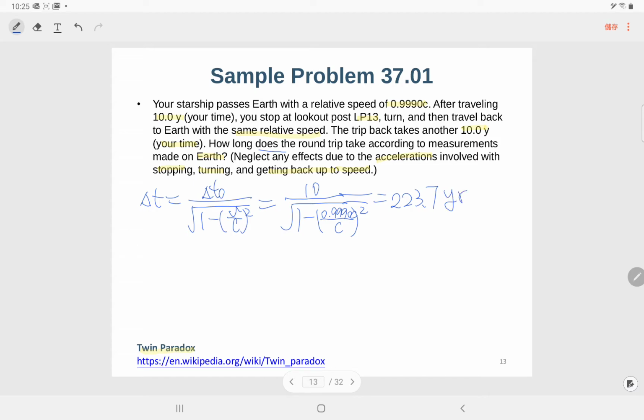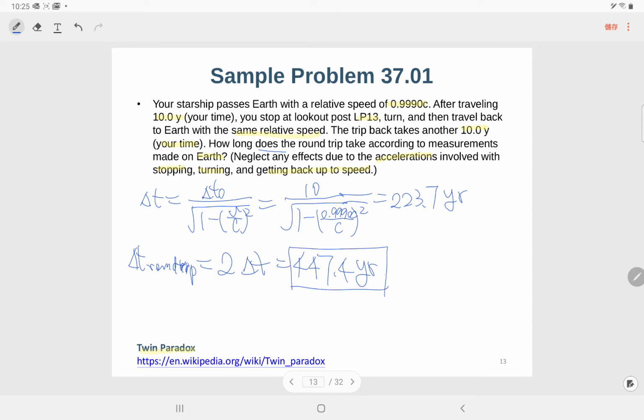So delta t for the round trip, round trip 就是来回嘛, so this should be 2 times delta t, which is 447.4 years.